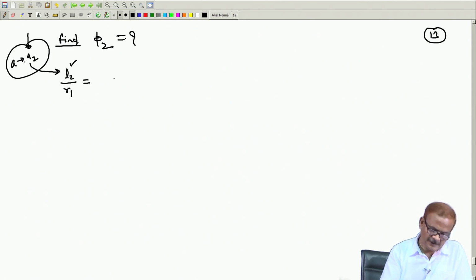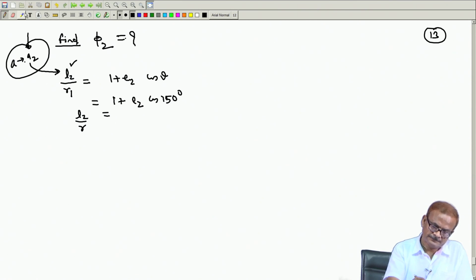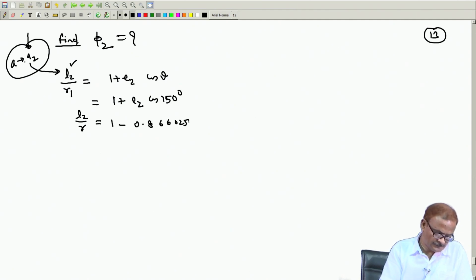So, this equation we write as 1 plus E 2 cos theta, with cos theta for 150 degrees. So, this is L 2 by R 1, and this becomes equal to 1 minus 0.866024 E 2.